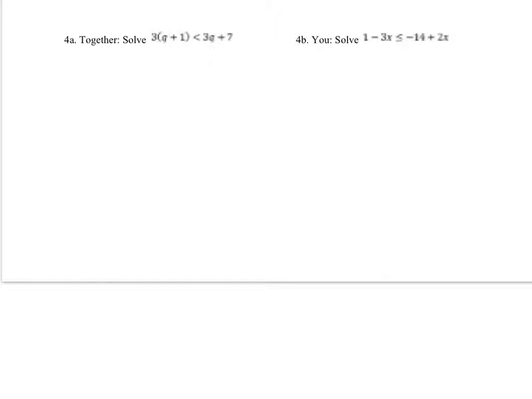Okay, 4A. This one has distributive property in it. Okay, so we need to distribute. So we get 3Q plus 3 is less than 3Q plus 7.